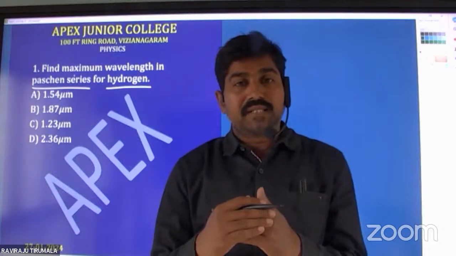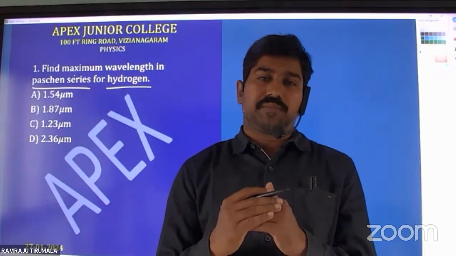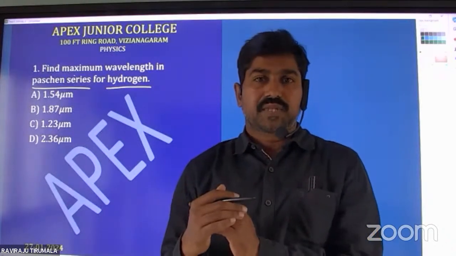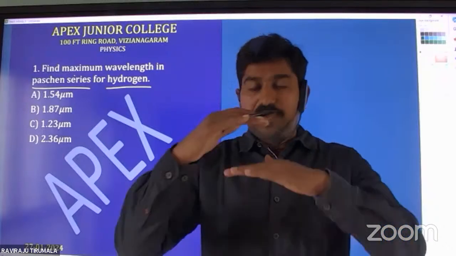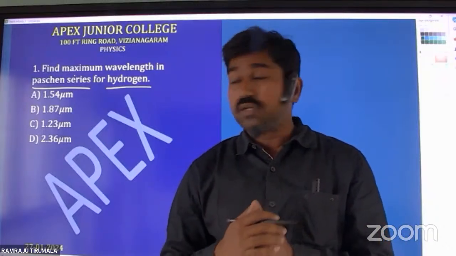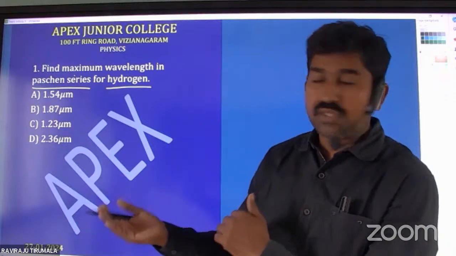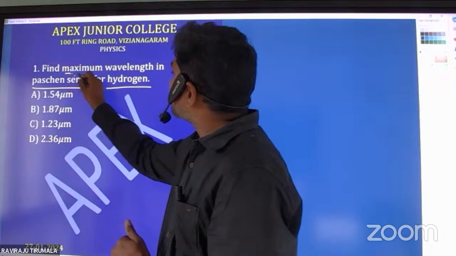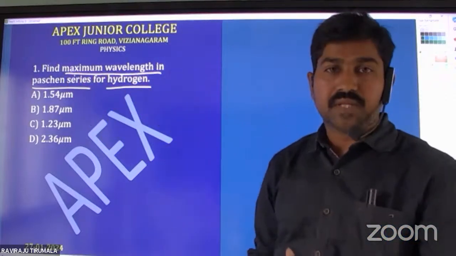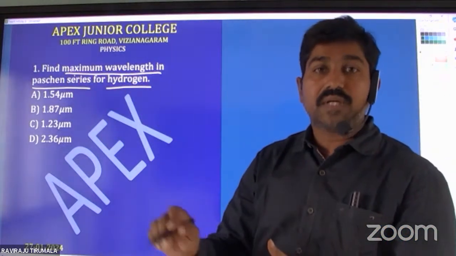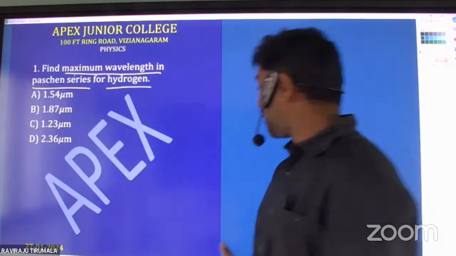Minimum frequency means energy is also minimum. Minimum energy should be released, so the energy levels should be very close to each other. The level closest to third, above it, is fourth. So we get the maximum wavelength when the electron jumps from the fourth orbit to the third orbit.